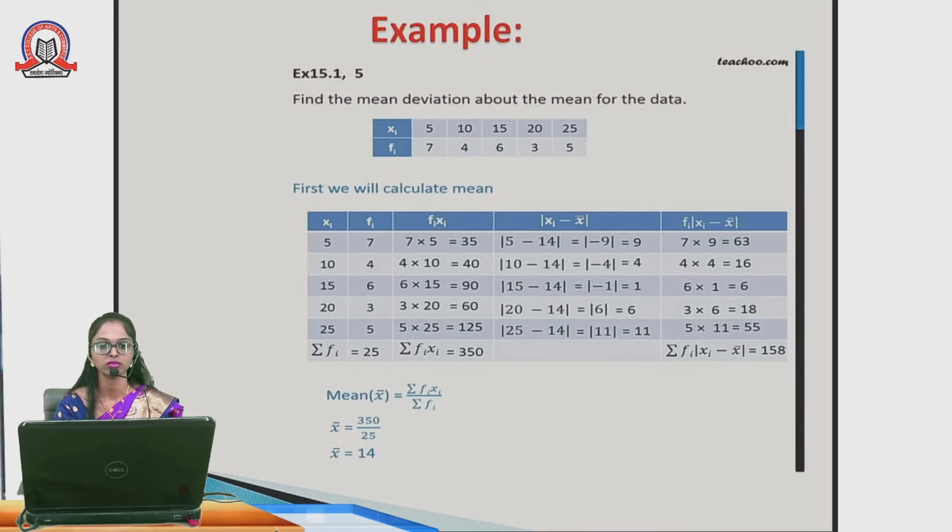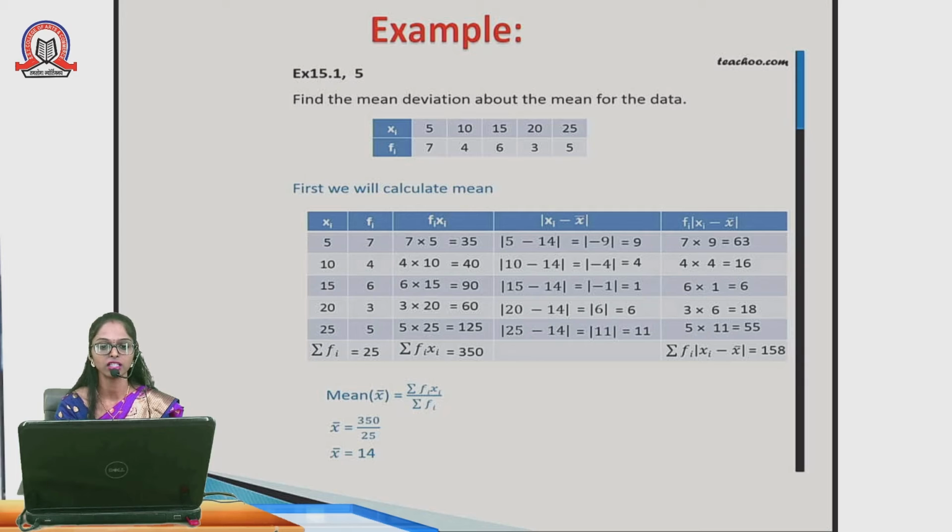Example: find the mean deviation about mean for the data. Xi and Fi values are given. In this example, first we calculate the mean. Mean formula is summation of Fi xi divided by summation of Fi.